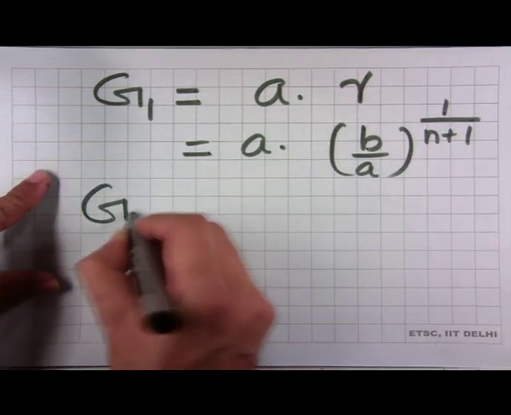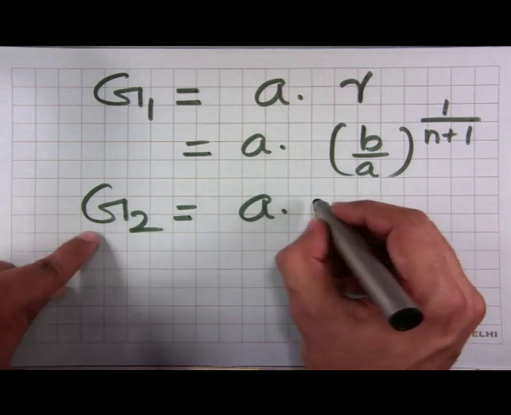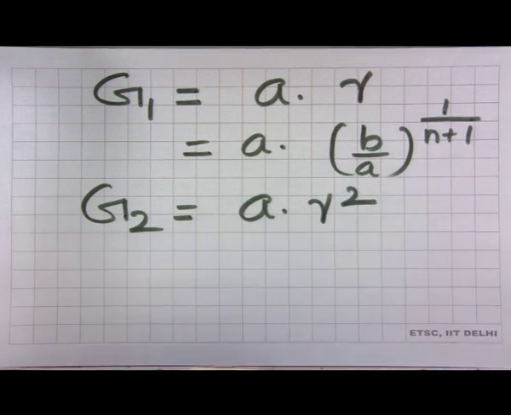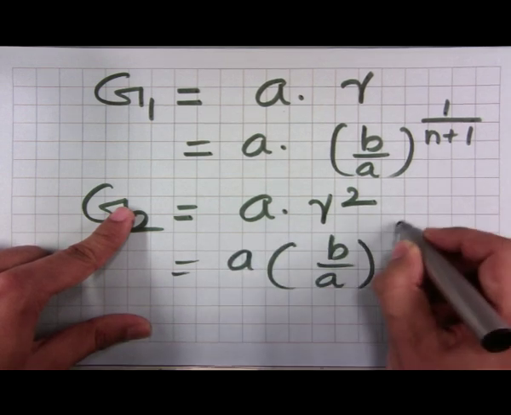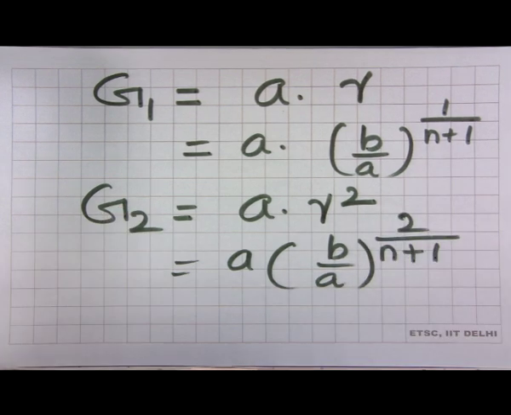Similarly, G2, being the third term, will be A times R square, which is A times B by A the whole power 1 by n plus 1 square, and so on.